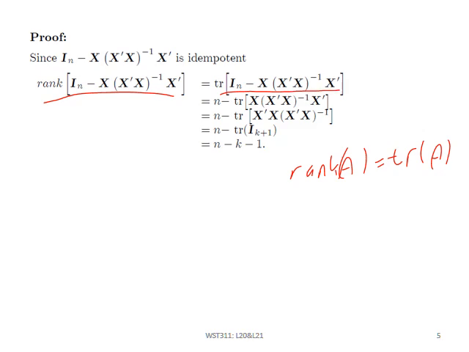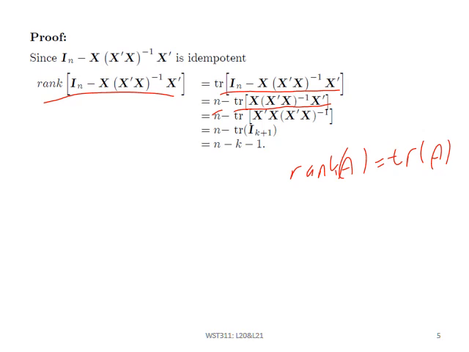The trace of the identity matrix of dimension n is given by n, and the trace can be taken into the brackets, leaving us with calculating the trace of x, x transpose x inverse x transpose.